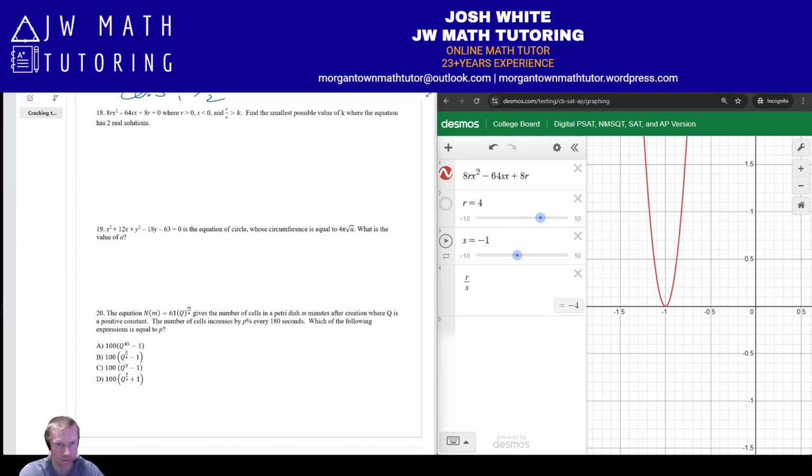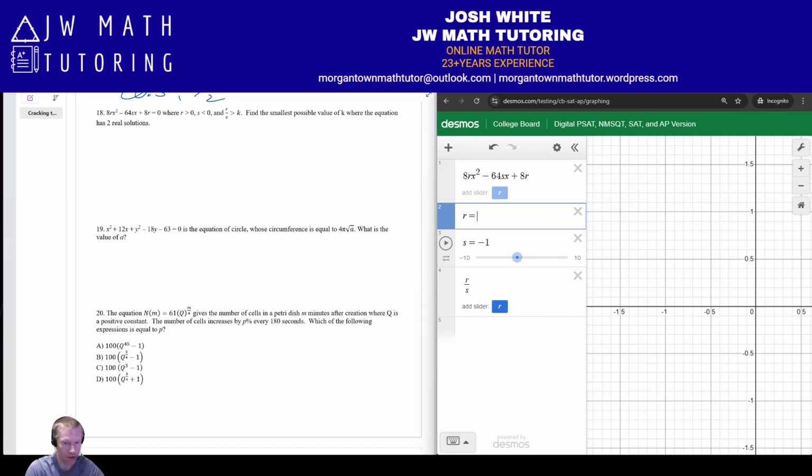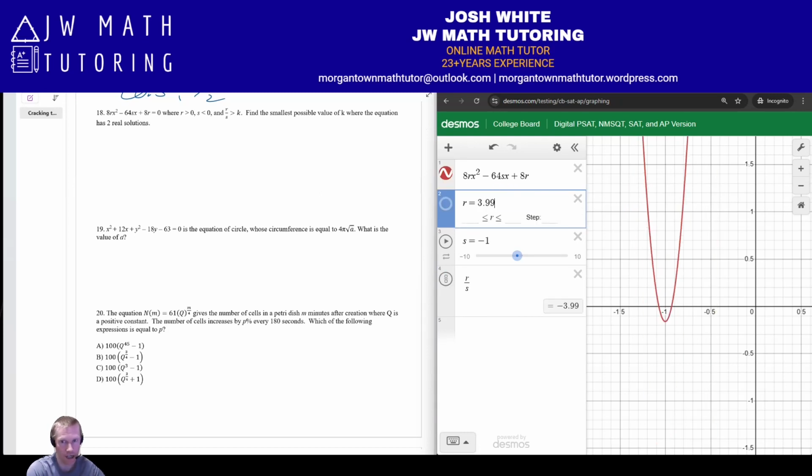So the thing that's a little tricky about this one is K is like your floor or your lower limit, and we need the R over S value to be greater than that. It's not greater than or equal to, it's strictly greater than it. So it's like if I change this to 4.01, or actually no, sorry, I want to go the opposite way, 3.99.